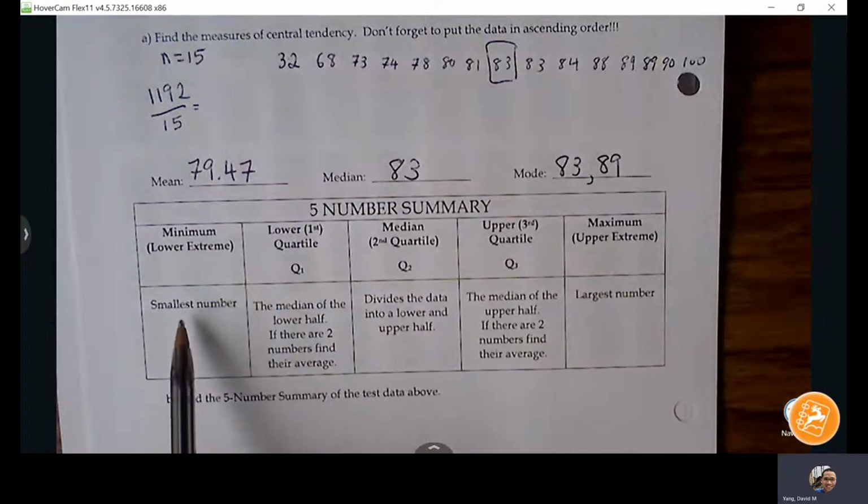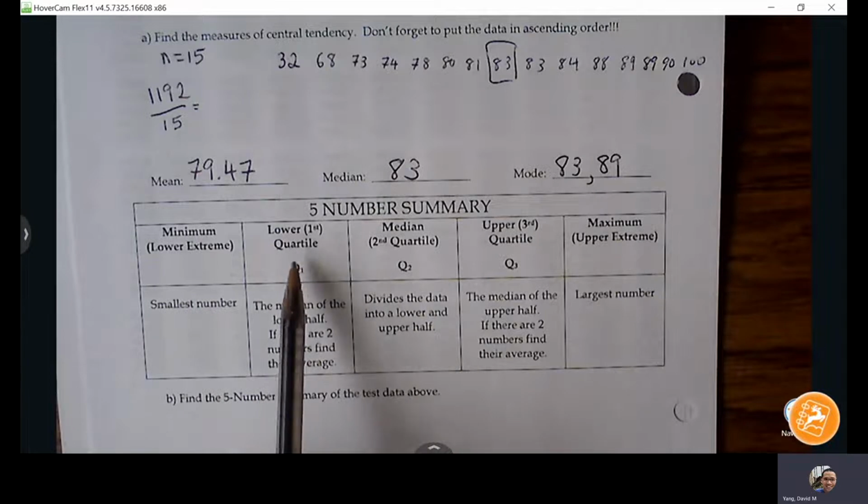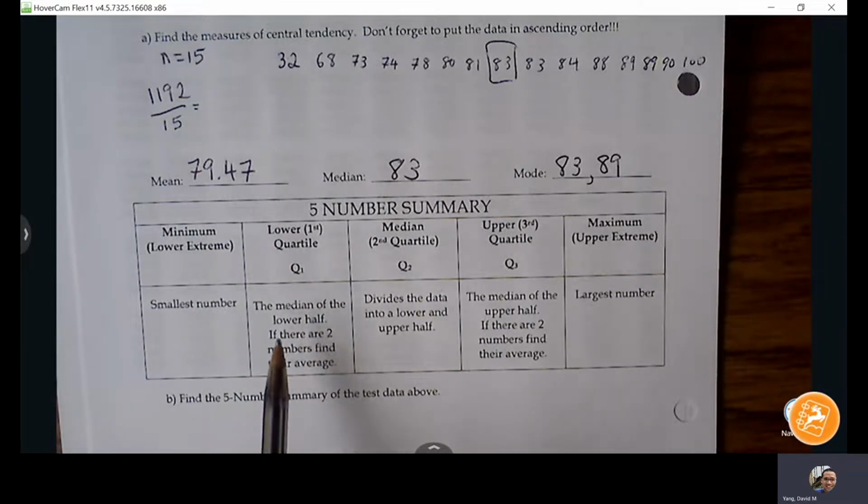So we have the minimum, which is the lower extreme. That's the smallest number. We also have the Q1, lower quartile. This is going to be the median, the middle number of the lower half.